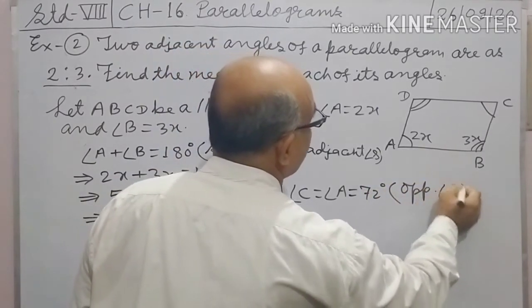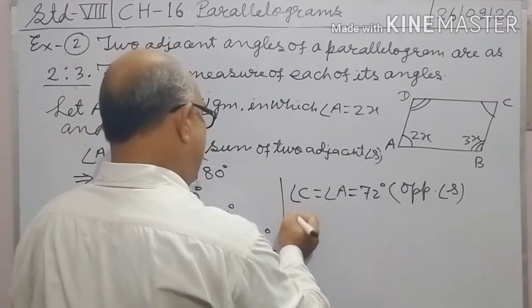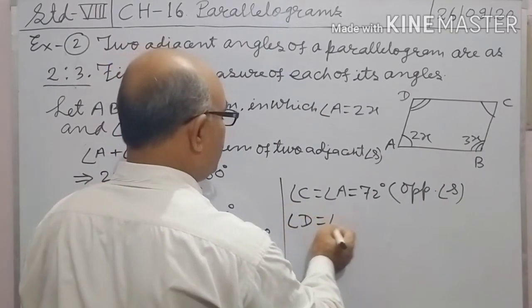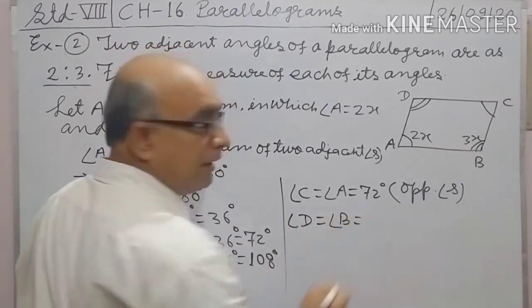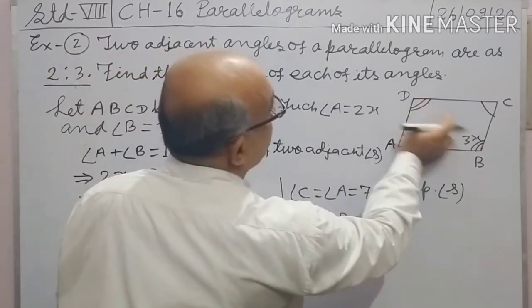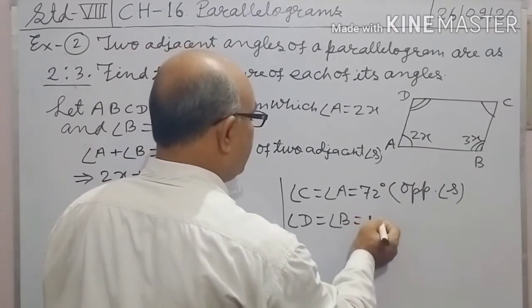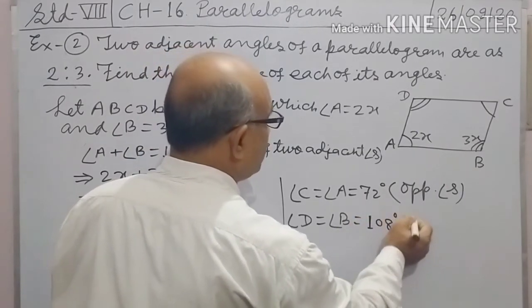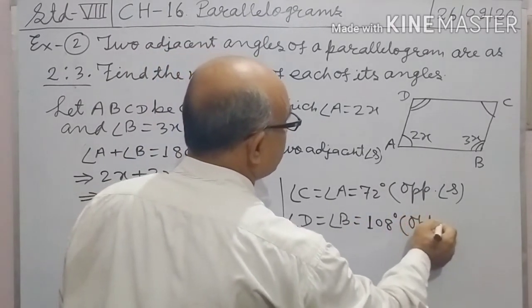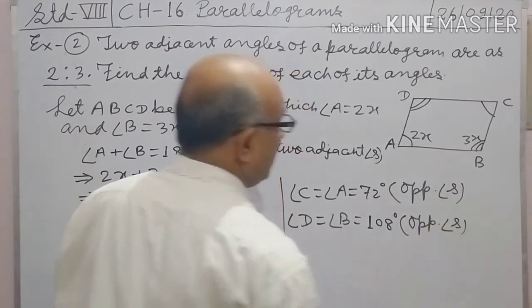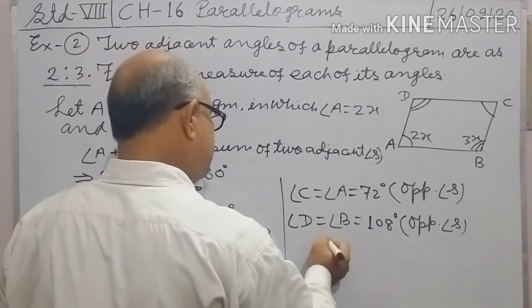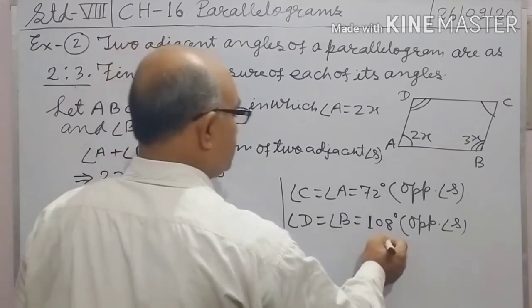And angle D equal to angle B equal to 108 degree, it is also opposite angle. Opposite angles are equal. So answer.